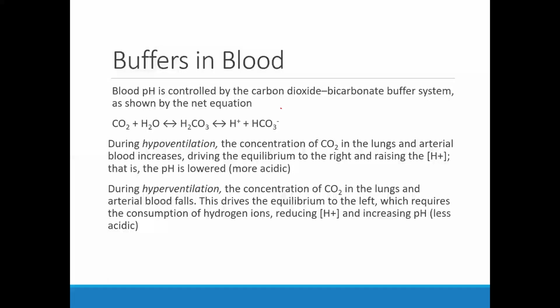So I have a lot of CO2. That means my system will start trying to drive this way, right? We have too many reactants, so the system tries to make more product. That means it's going to drive up the amount of H plus and ultimately make the environment more acidic. So the pH will become low, it will become an acidic environment. So when we have too much CO2, our blood becomes more acidic.